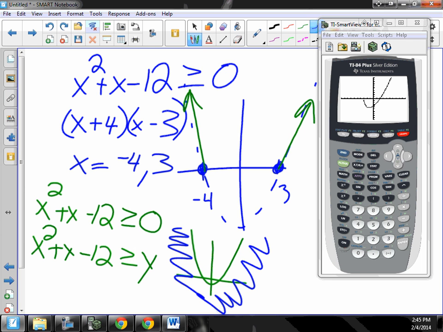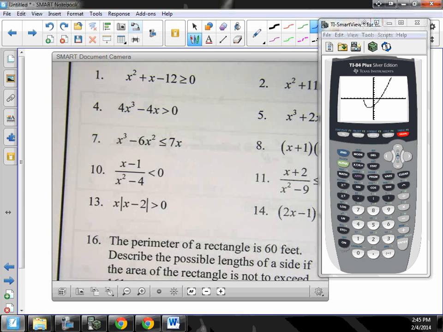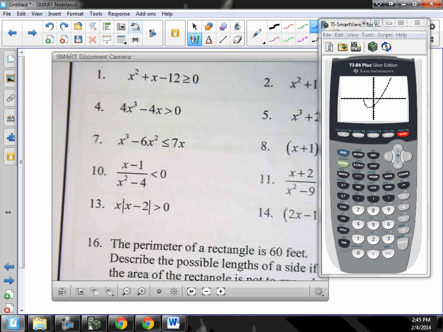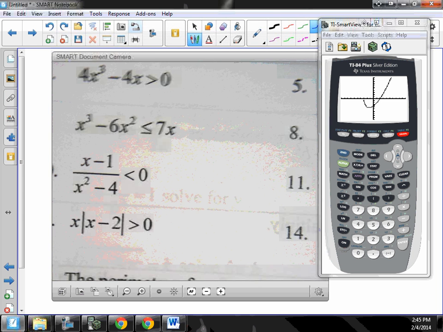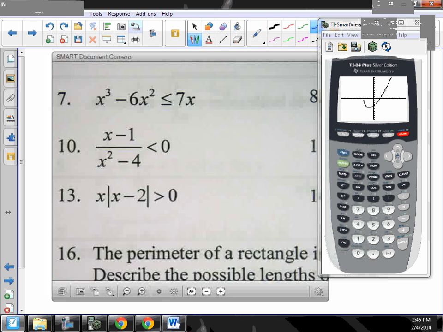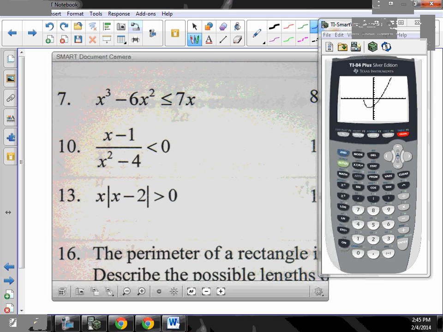So let's do number 10. Okay. What do I need to know first? The undefined portions.